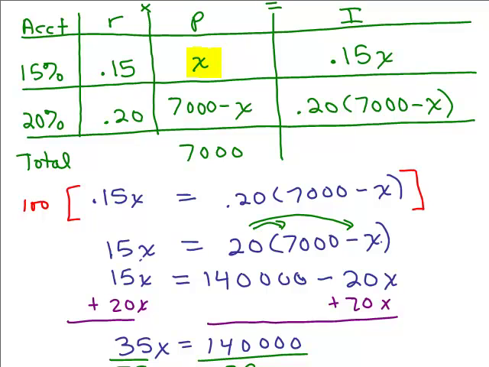I'm going to write that here. And we had $7,000 total to invest, so we must have $3,000 in the other account, which of course is the same thing as $7,000 minus $4,000. So it looks like we're putting $4,000 at 15% and $3,000 at 20%.